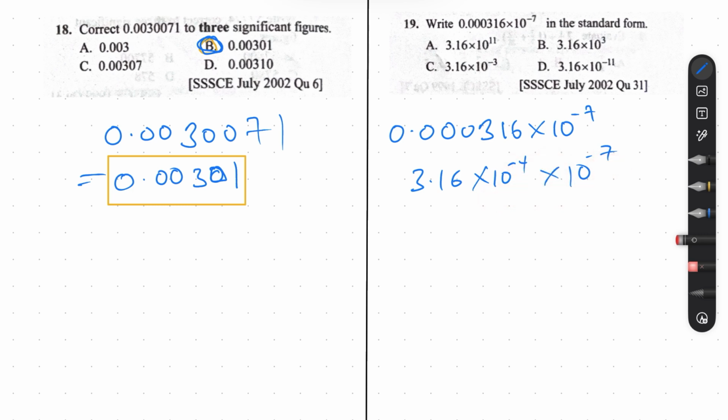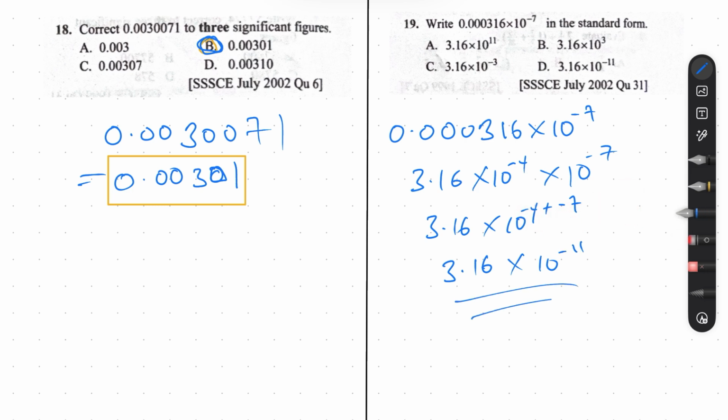So what we have is 3.16 times 10 to the power -4 plus -7. What will be our answer? -4 plus -7 is -11. So -11. This is our answer.